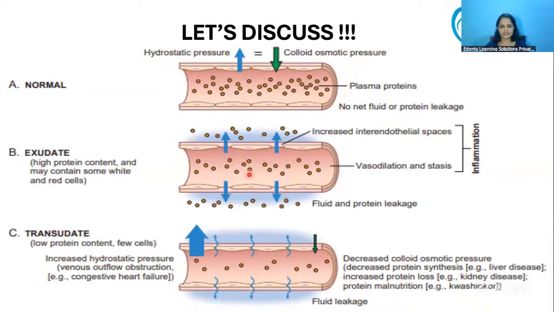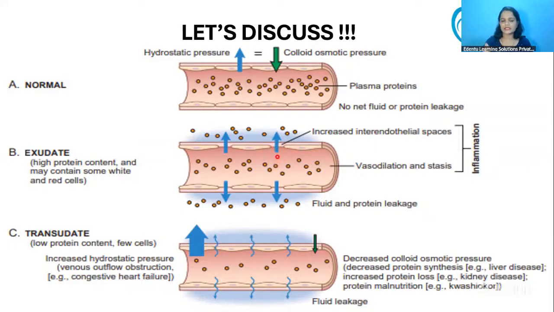Let's see how exudate and transudate are happening. This is a normal blood vessel with normal hydrostatic pressure and normal colloid osmotic pressure. For exudate formation, there is some kind of inflammation. In case of inflammation, the spaces between the endothelial cells will be more, so increased interendothelial space will be seen.